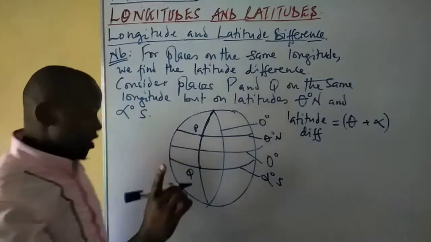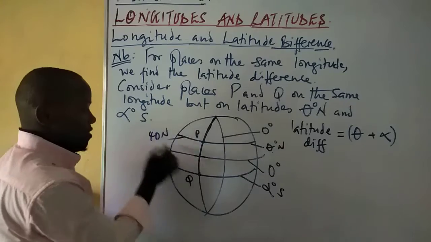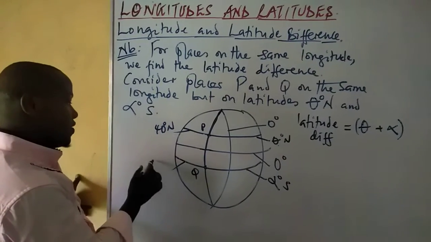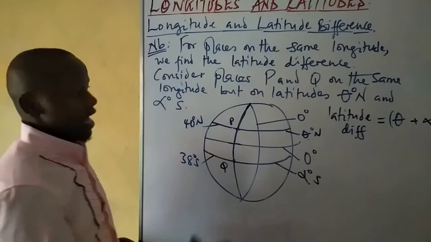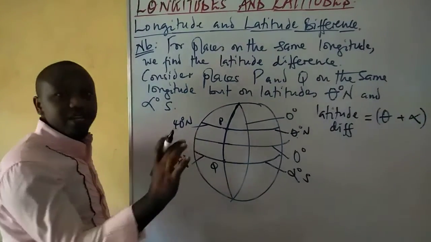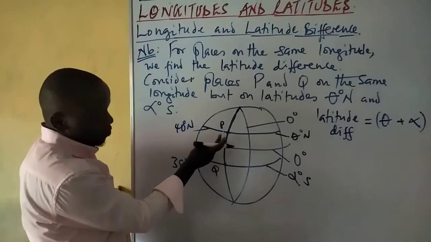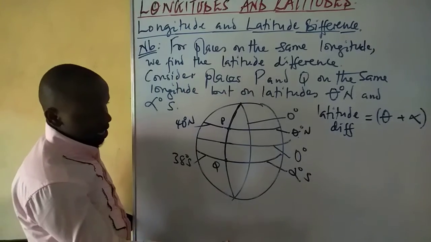Therefore, if P is, for example, 40 degrees north and Q is 38 degrees south, then the difference in latitude between these two places is 40 in the north and 38 in the south hemisphere.